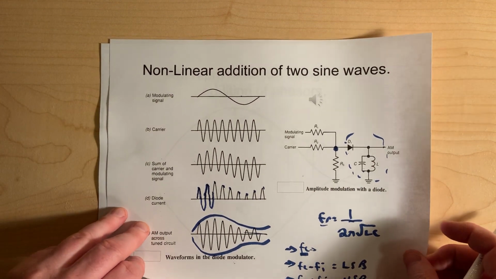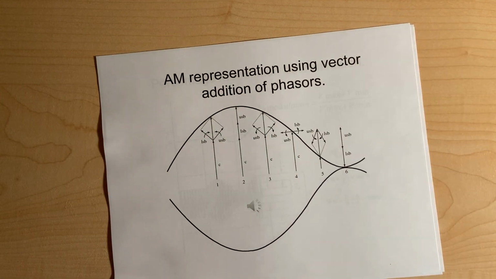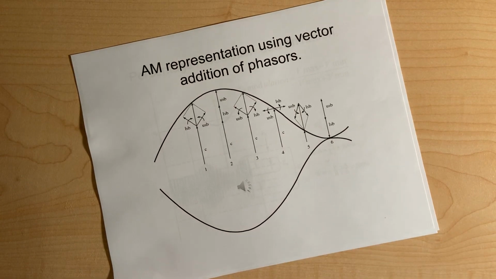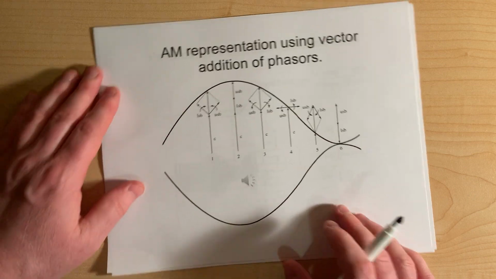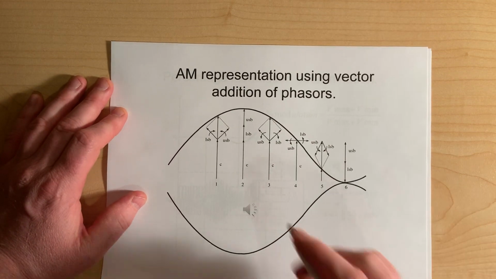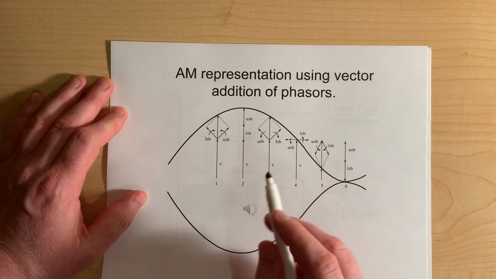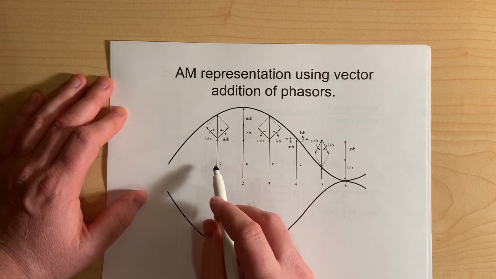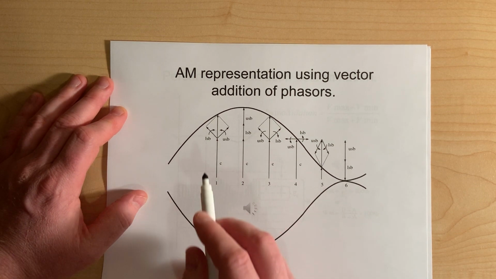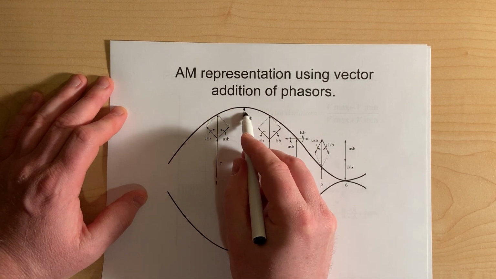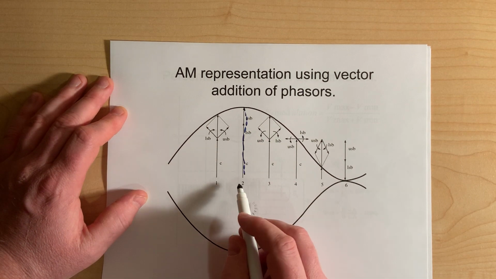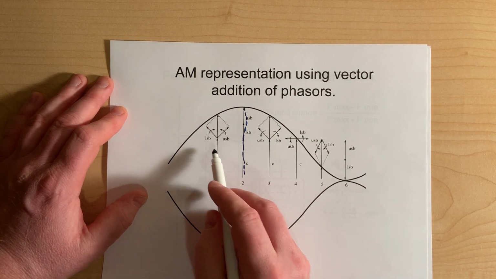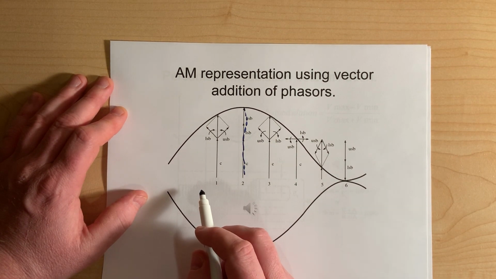Okay, so going from that, we're left with this kind of waveform right here. Now, there's some key things to notice about this. We have points where the upper sideband and lower sideband are in phase with the carrier, and we got points where they're out of phase with the carrier.